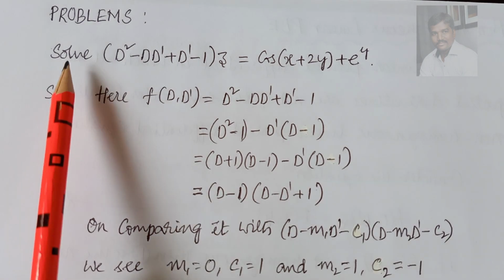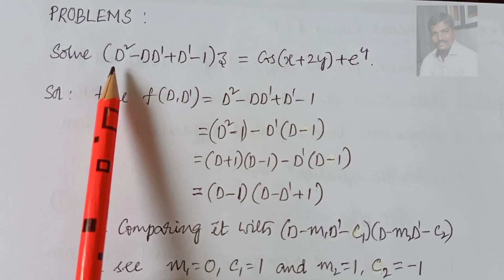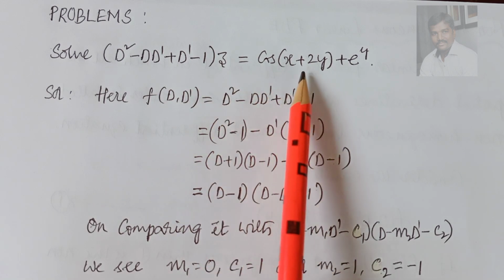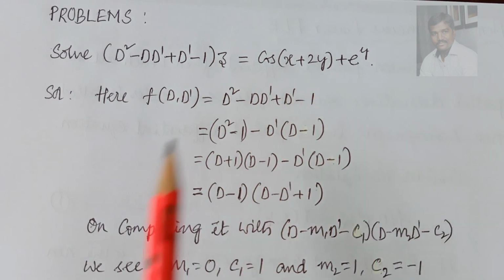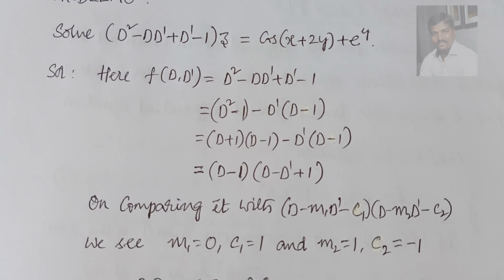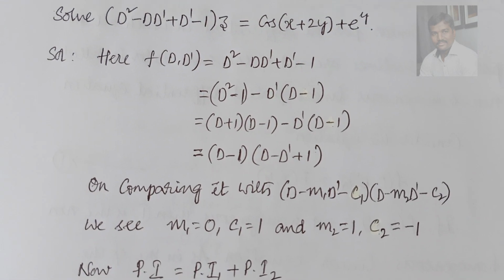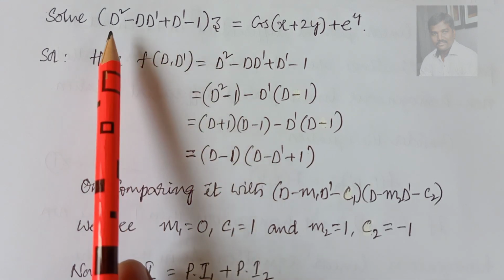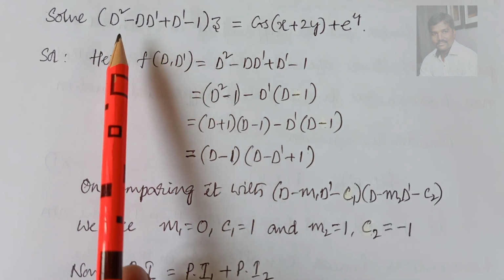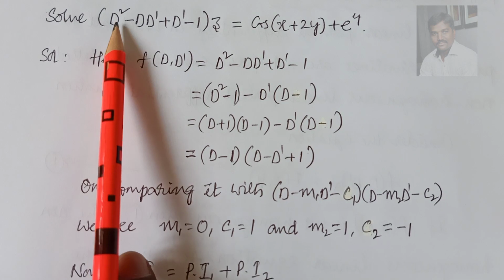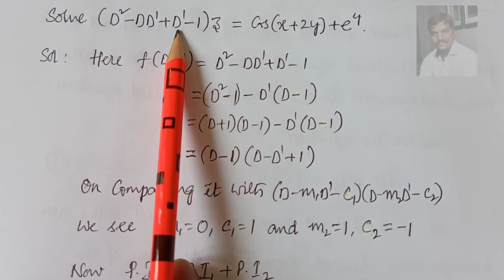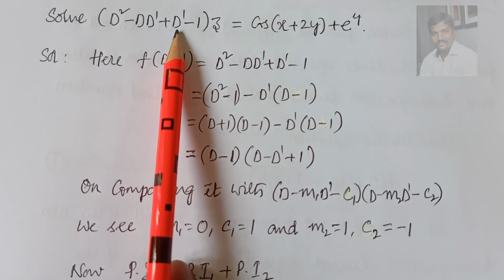Here is the first problem. Solve (D² − DD' + D' − 1)z = cos(x + 2y) + e^y. You can see it is not homogeneous, because D² means second order, DD' is of course second order, but D' is first order.